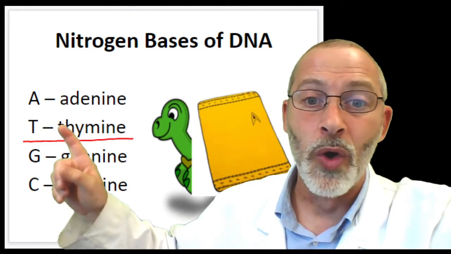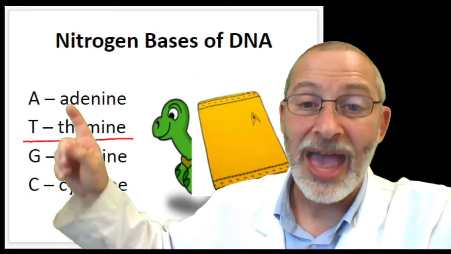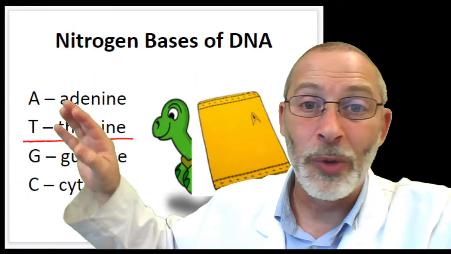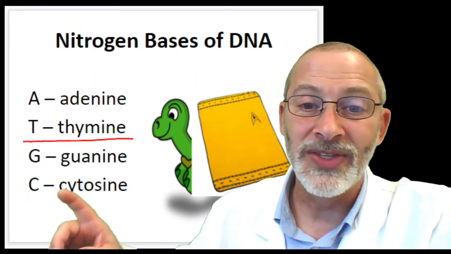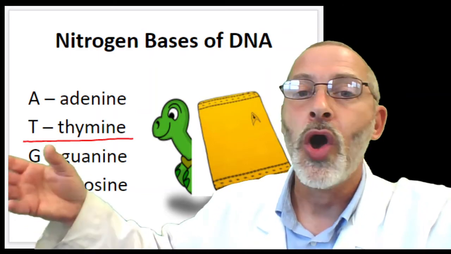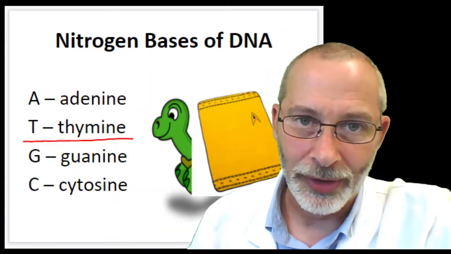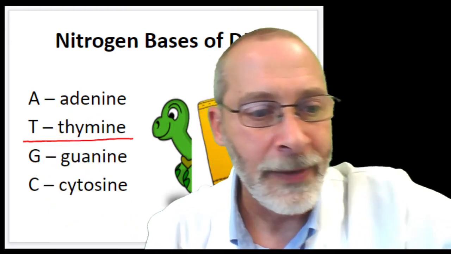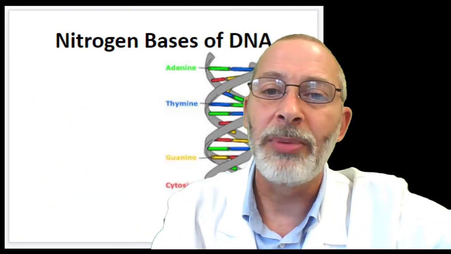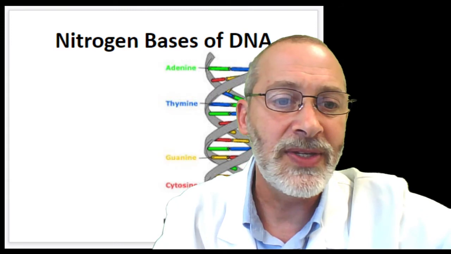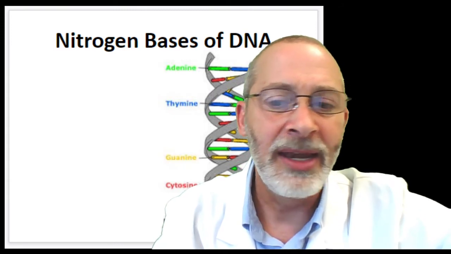And they go in order. A and T, adenine and thymine, always go together, and G and C, guanine and cytosine, always go together. So keep that in mind as we continue learning about the nitrogen bases of DNA.